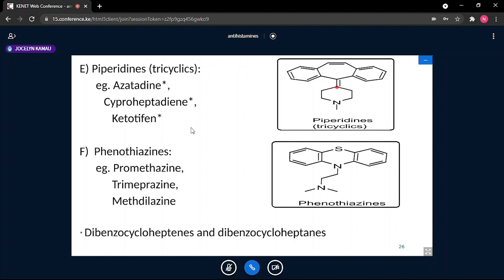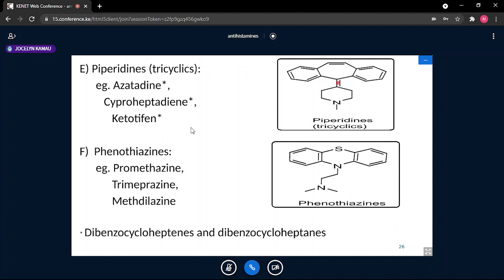So the second carbon here is part of a piperidine ring with retention of activity. So please note that indeed they can also be considered as structurally similar to the propyl or the alkylamines. They are very, very similar to the alkylamines.